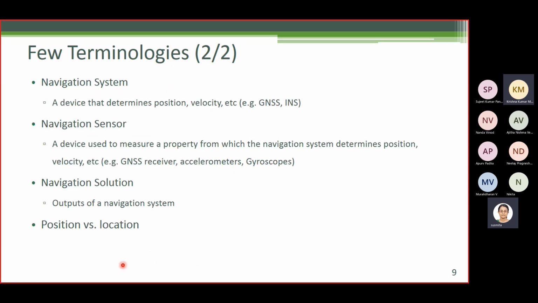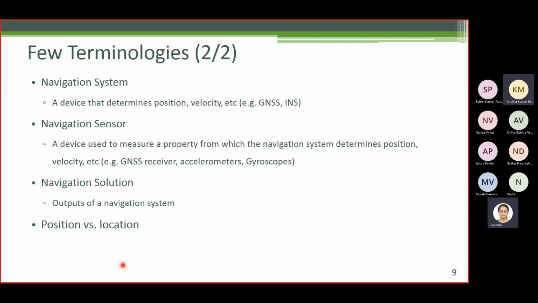Next, navigation system. A navigation system is a device that determines position, velocity, etc. Examples are GNSS and INS, Global Navigation Satellite System and Inertial Navigation System. GNSS is not a device, it's much bigger than that; INS you can call a device.